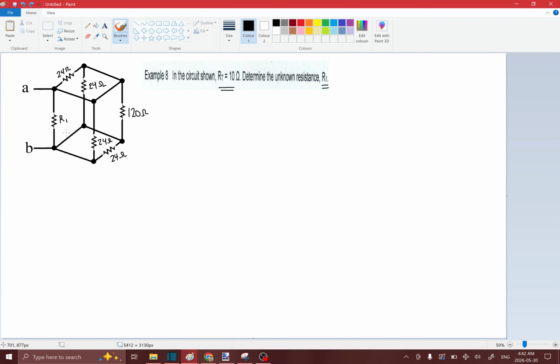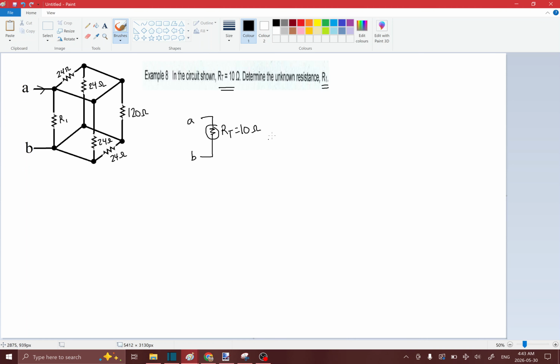Alright, so when we're doing this, we generally want to start from point A, and the idea here is to combine all of these resistors and get them to become one equivalent resistor. So we have something that looks like this, right? And then we'll be able to find out what that resistance is. Actually no, sorry, that would be RT, and that's equal to 10 ohms.